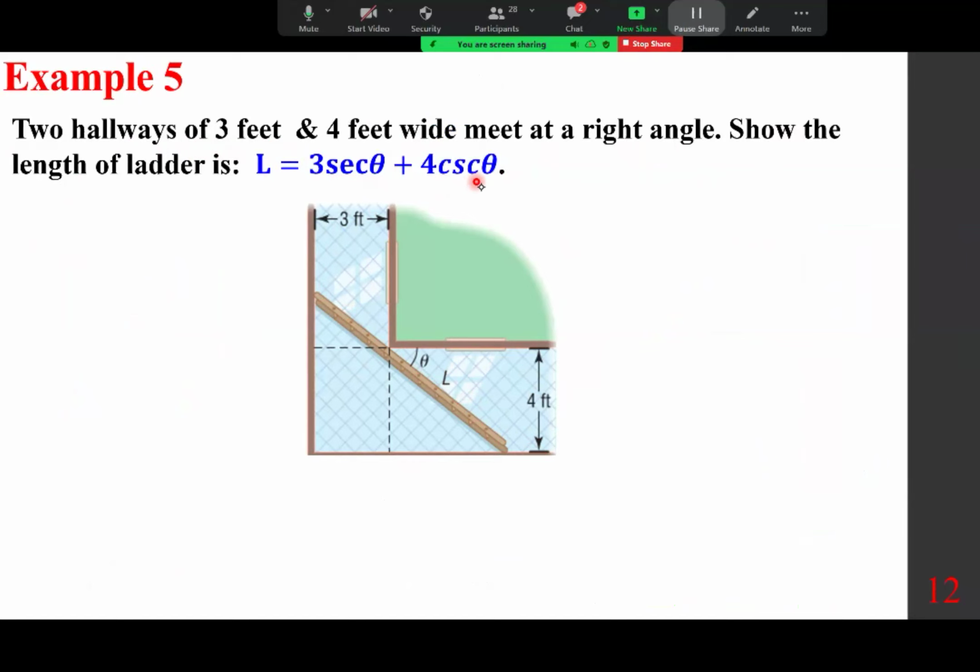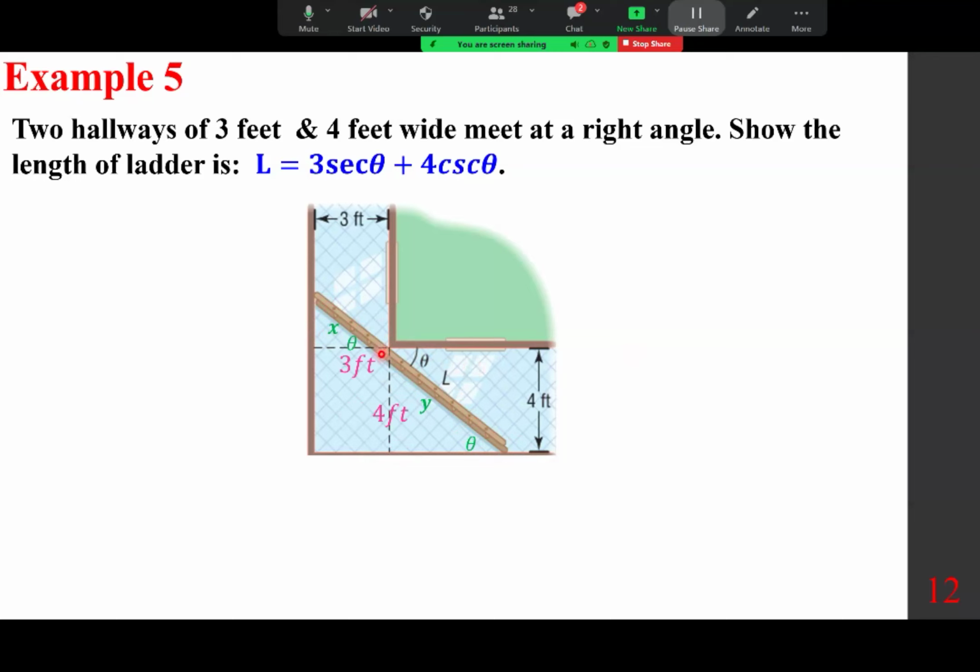All right, so we want to look at the length of this piece. Notice this is theta. Okay, these two lines are paired. This is theta. This is theta. So let's call this distance x, this distance x, and let's call this distance y. So L is x plus y.